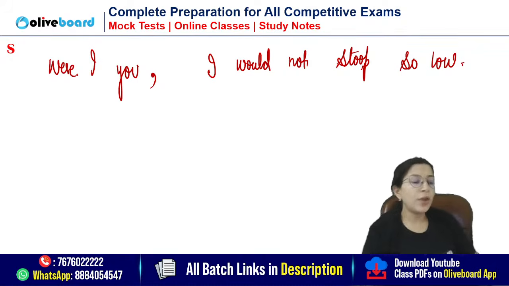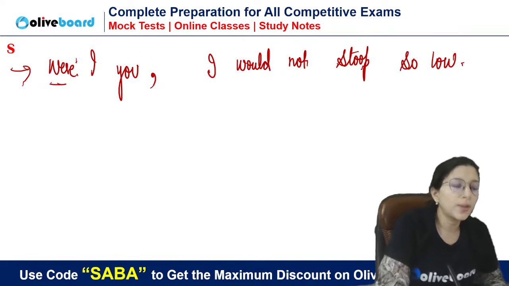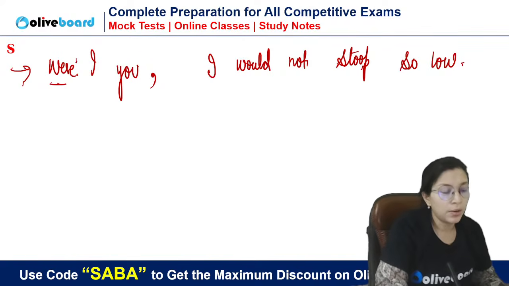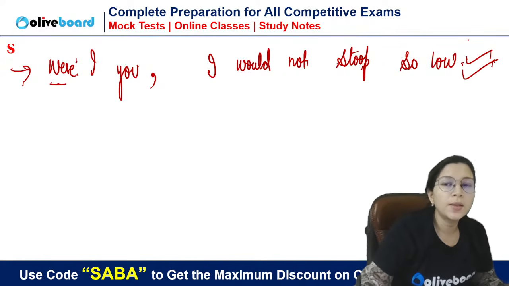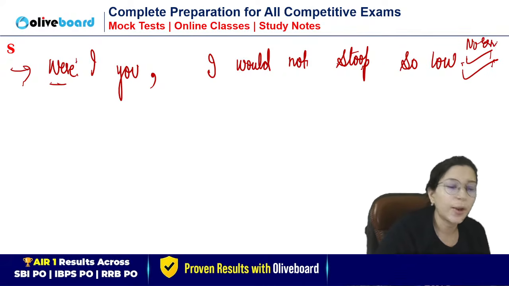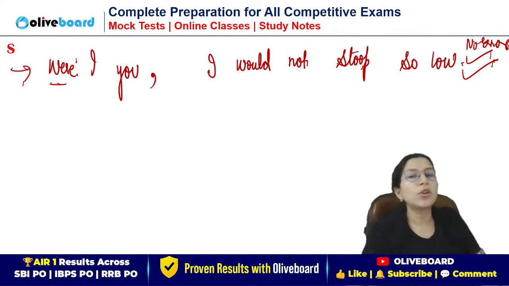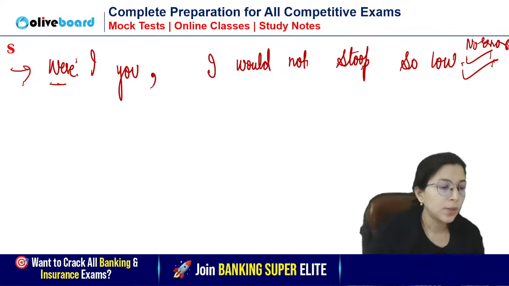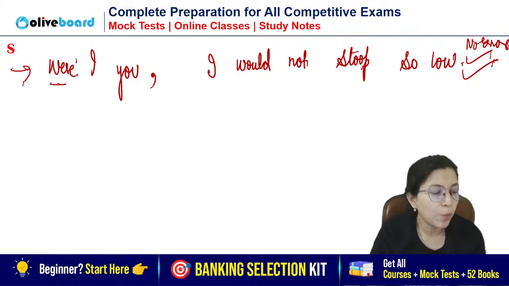So in place of if you write were here, so the second condition this way also you can say, were I a bird? Were I a prime minister? So you can use inversion form here. So there is no error in this sentence. This sentence is absolutely right. Remember that. Clear, everyone? Did you get my point?